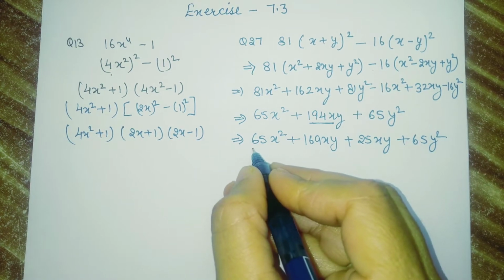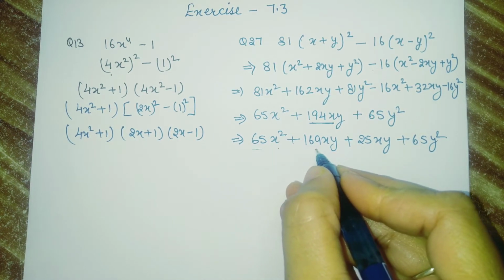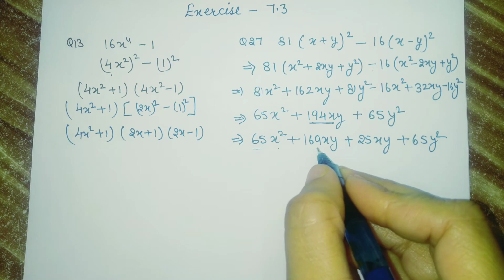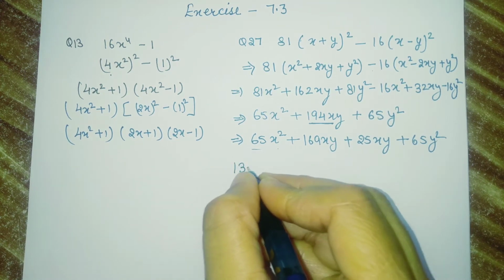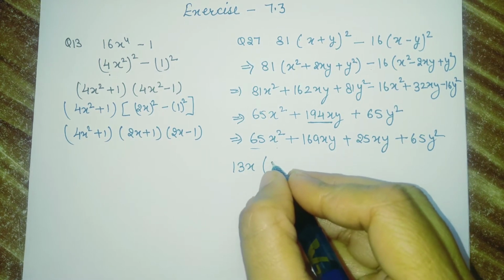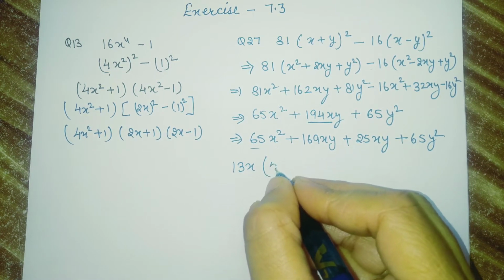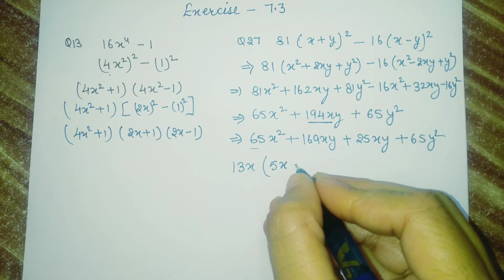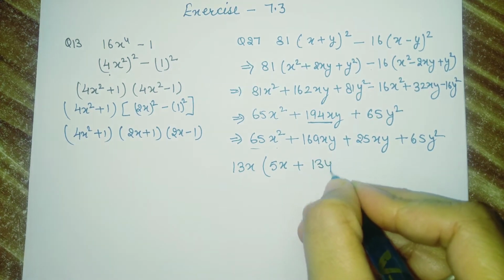Now if we find the common factor, 13x is easily found: 13x times (5x plus 13y).